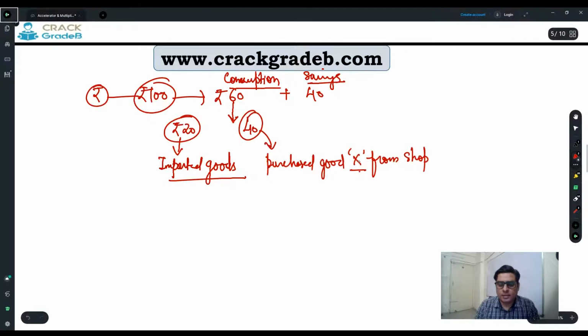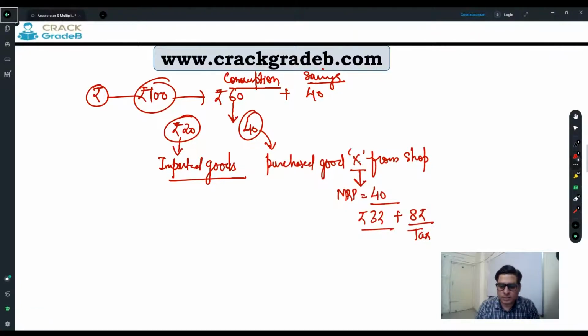So I purchased good X and the price is 40. So out of 40, I have spent 40. But what is the MRP? That is MRP, maximum retail price, is 40 rupees, and it is comprised of what? The price of the good is 32 plus 8 rupees is tax. So 8 rupees is tax, 32 rupees I have spent, and how much do I have in savings?